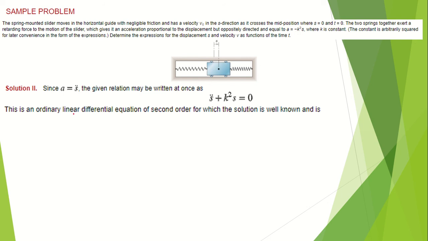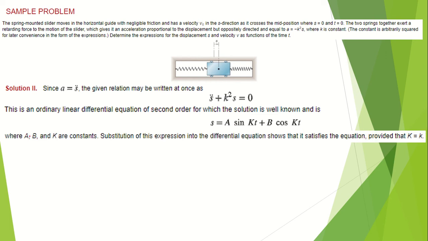So this is an ordinary linear differential equation of second order for which the solution is well known and is written as s equal to A sine kt plus B cosine kt, where A, B, and k are constants. Now, substitution of this expression into the differential equation shows that it satisfies the equation, provided that k is constant.